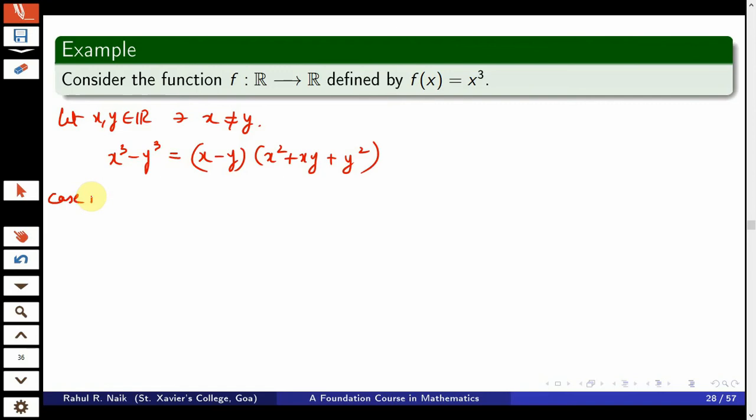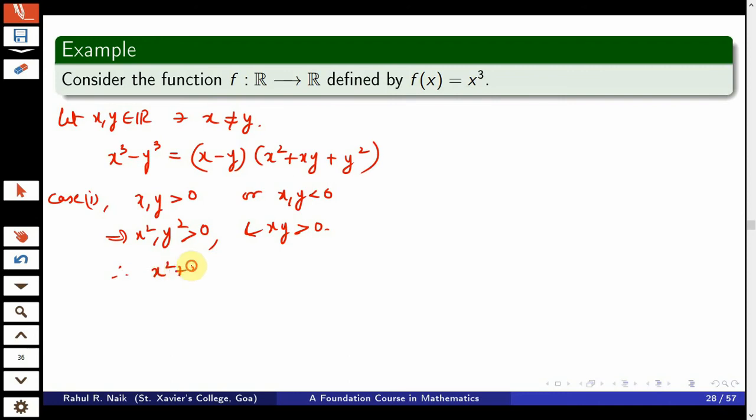The first case is when x and y are of the same sign. That is, either they are both positive or x and y are both negative. When this happens, x square and y square are strictly greater than 0 and xy is also strictly greater than 0, and therefore x square plus xy plus y square is strictly greater than 0.